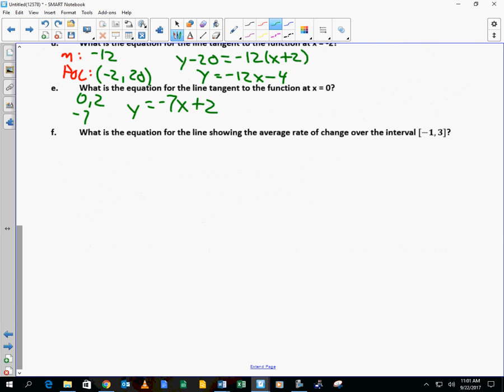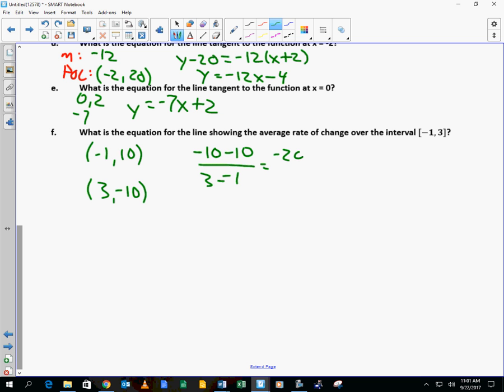Finally, what is the equation for the line showing the average rate of change over the interval -1 to 3? What would I do there? The slope? How? Using the 2 points. So what are the 2 points? So -10 minus 10 over 3 minus -1.